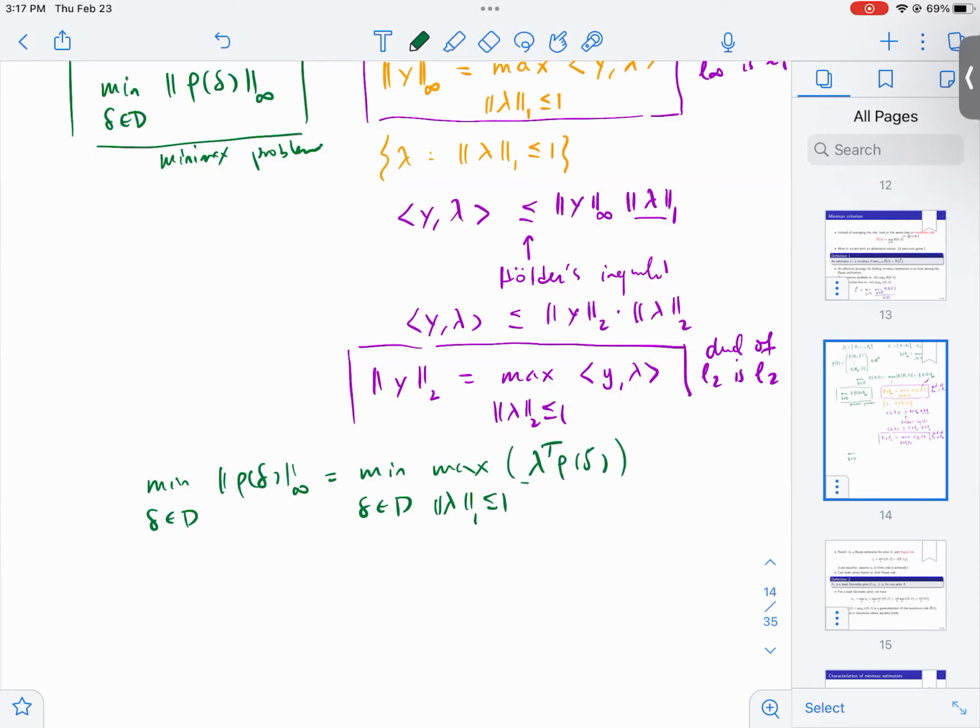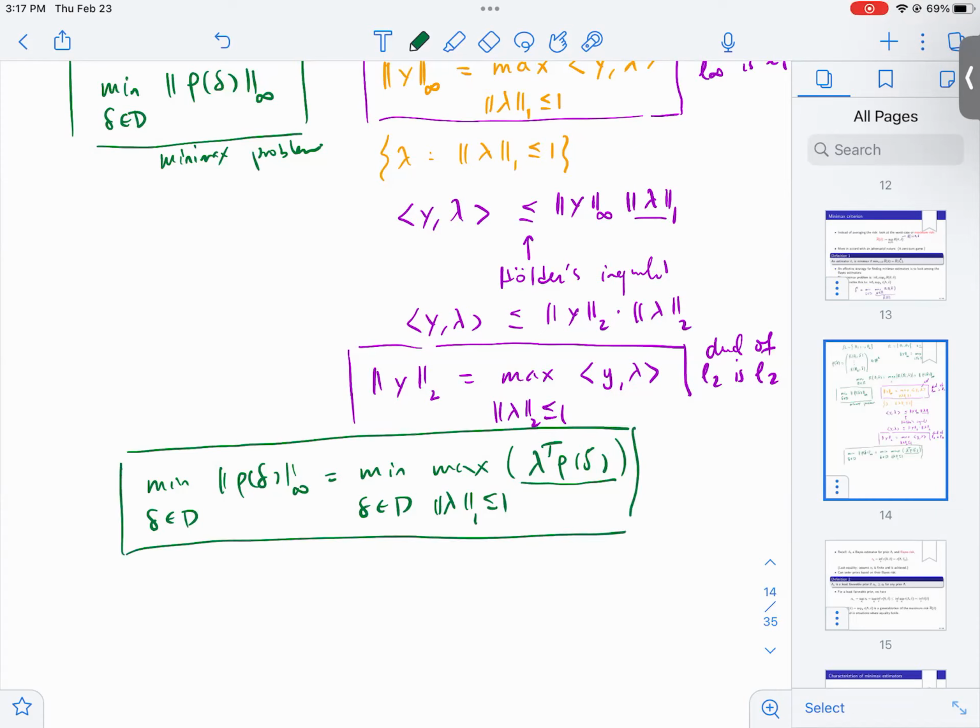And if you think about this, this is really the Bayes risk of delta with respect to the prior lambda. I'll leave it to you, because we're out of time. I'll post these slides over the weekend. Think about how this turns out to be the Bayes risk of delta with respect to prior lambda.